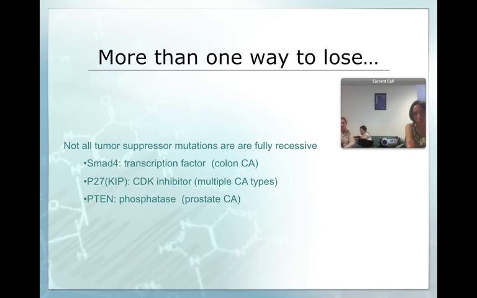If you change one of them, even if it is the removal of an activity, if it's the addition of an activity, like an activated RAS, or if you lose the activity of something, if you make one change to one of those, and you see the phenotype at the cell level or at the level of the individual, that's what dominant means. It doesn't mean it's doing anything aggressive.